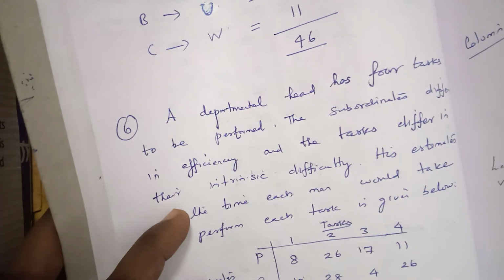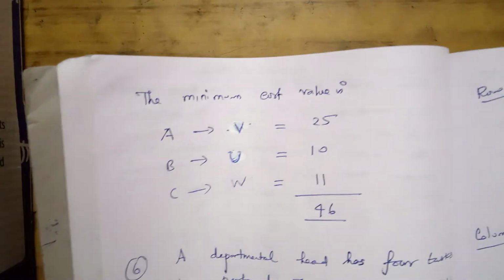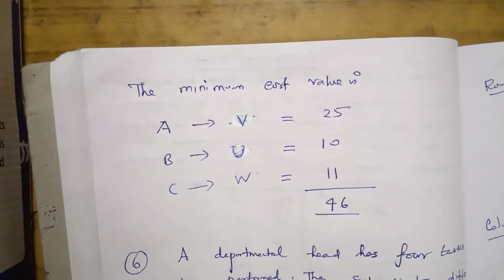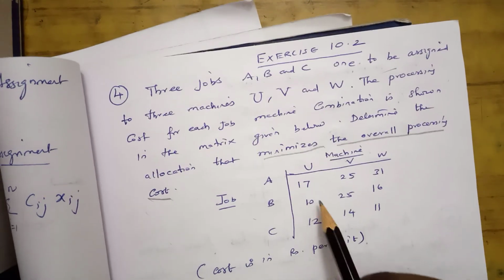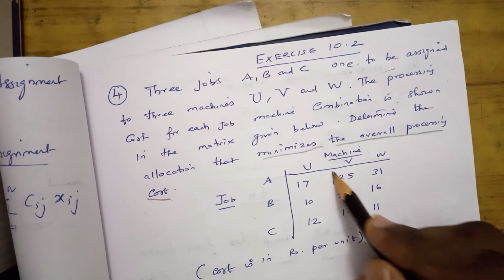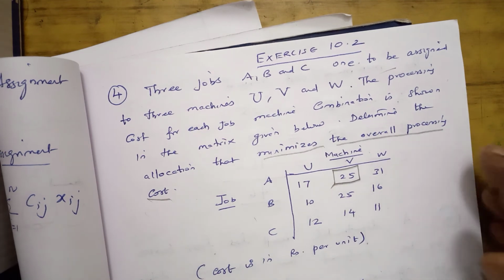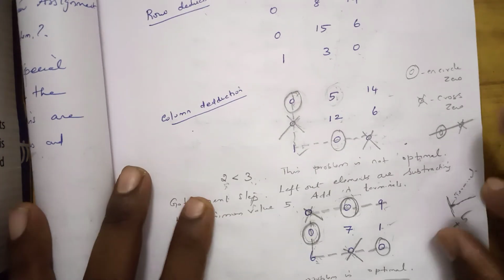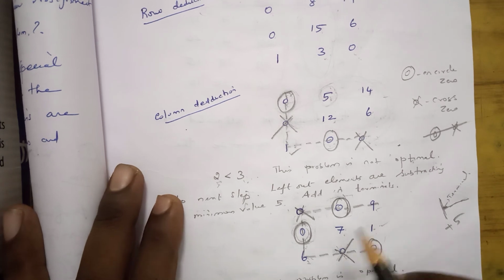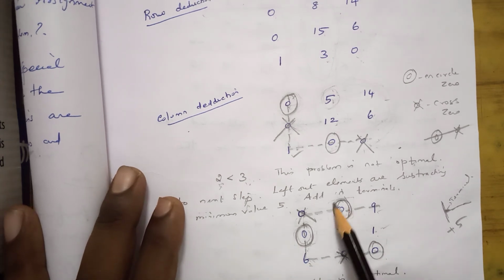So the minimum cost value can be taken starting with A goes to V. In this, go again to the original problem. A goes to V: we have to cover this value 25. A goes to V, and so we take the 0 selection. Finally we select the 0 selection, the encircled 0.